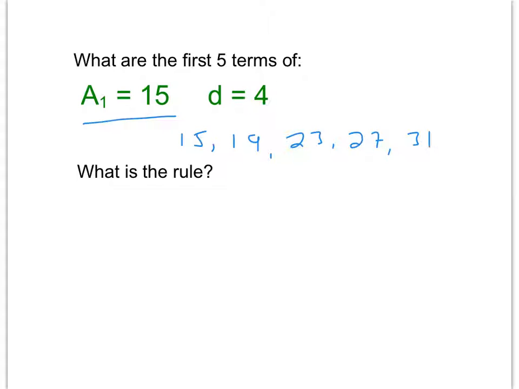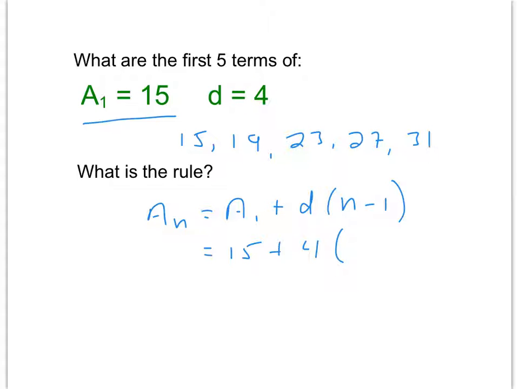Our rule is going to be a sub n is equal to a sub 1 plus d times n minus 1. Well, in this case, a sub 1 is 15. Our d is 4.